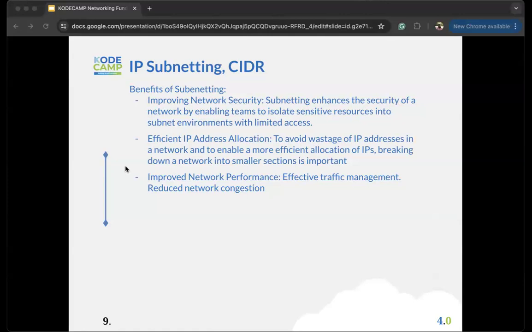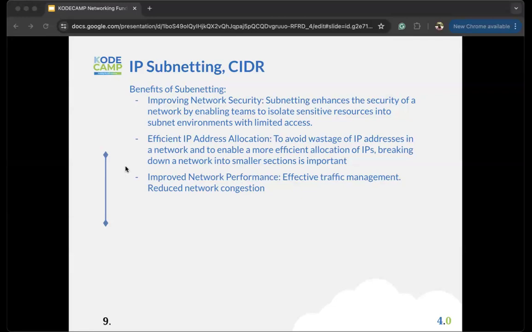Say I have a database that contains sensitive information of my customers, right? And I also have a front-end service, a front-end server, right? I need users to be able to connect to my front-end server, but I don't want users to be able to connect to my database, for instance, right?